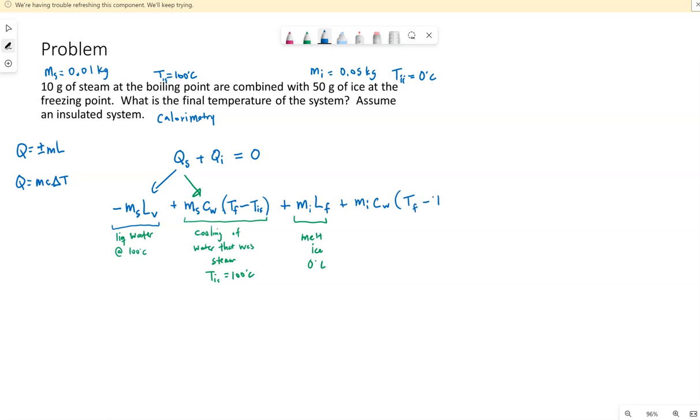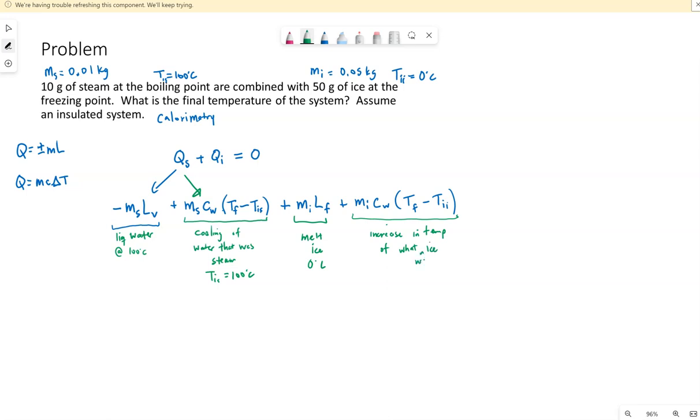So we have to account for the change in temperature. So I'm using the m c delta T again to account for now this increasing temperature of what was ice.